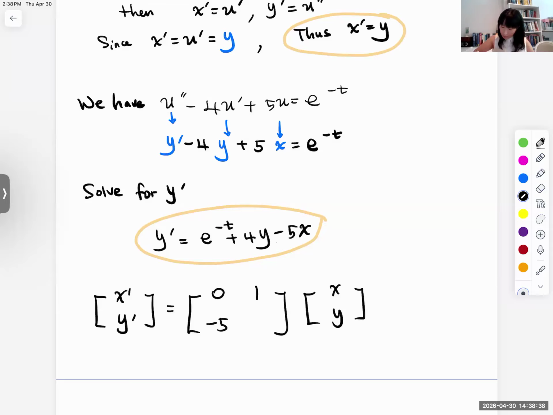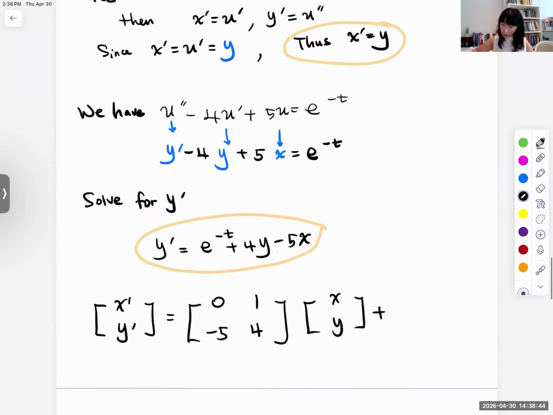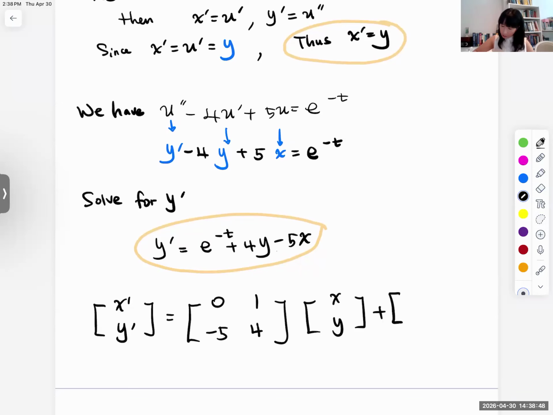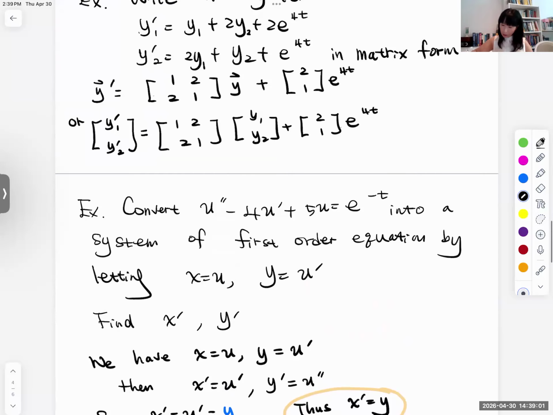In that case, it's 4, right? And plus, oh, there is no e to the t, right? So, yeah, so this is 0 and 1 for e to the -t then, yeah? So like earlier form, we have that too, right?